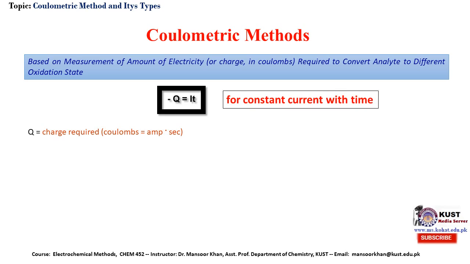Where Q is the charge required in coulombs, I is used for current in amperes, and T is the time of the current in seconds. So this equation is basically the basis for the coulometric measurements.